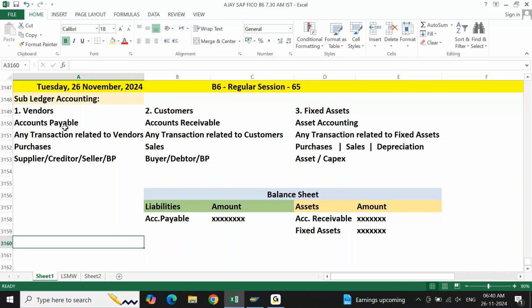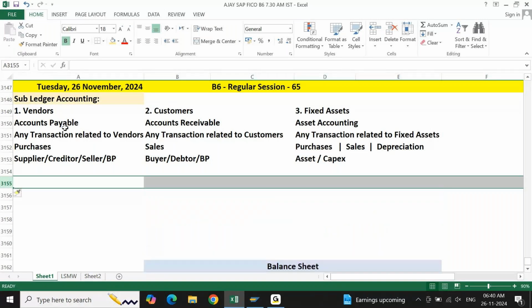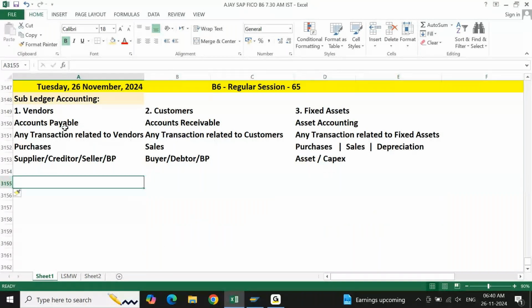All right. Now, if I look at this further, with the help of this we will have to understand a different point. For example, if I bring this balance sheet down, we are talking about vendors here.